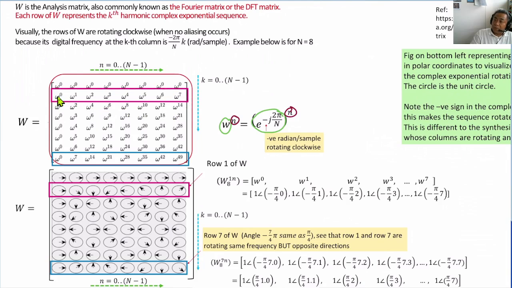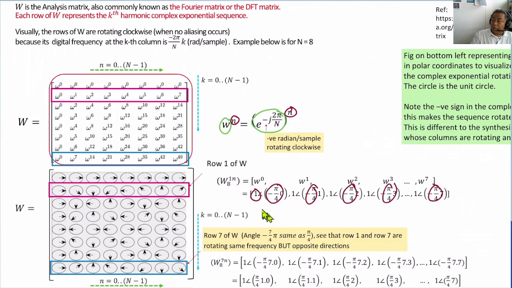Okay, so it is w0, w1, so we are moving along little n. Well, when we fill up this, we saw that it is a phasor that is rotating clockwise. So what did I do? I just converted these elements into polar form with magnitude and phase for different entries.